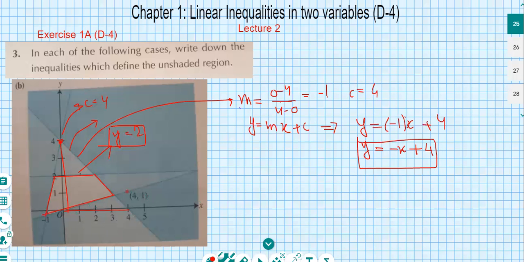Third one is this line. On this line we have 2 points as it passes through the region: the first is 0, 0, and the second is 4, 1. So from these 2 points we can get the gradient. M is equal to y2 minus y1, or 1 minus 0, over 4 minus 0.